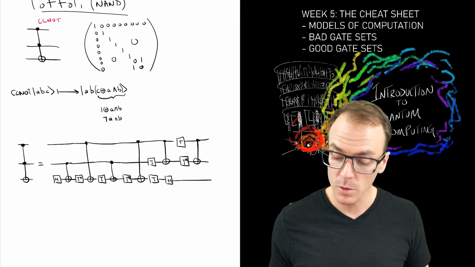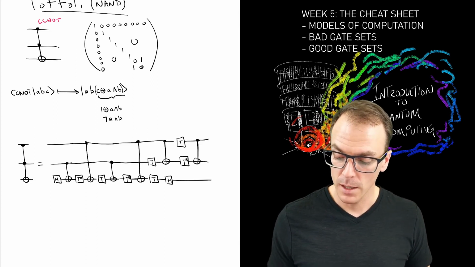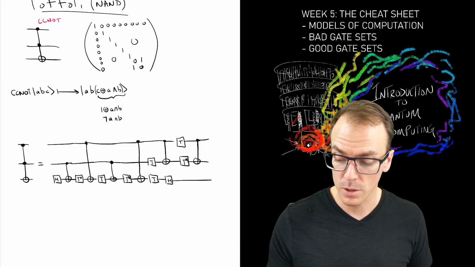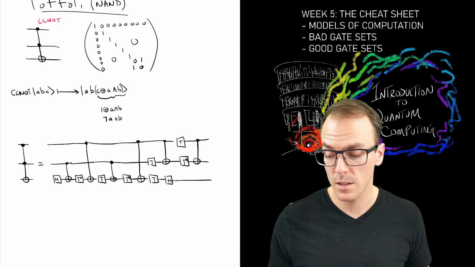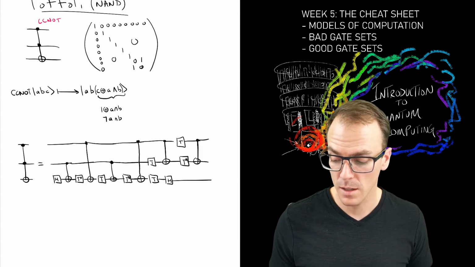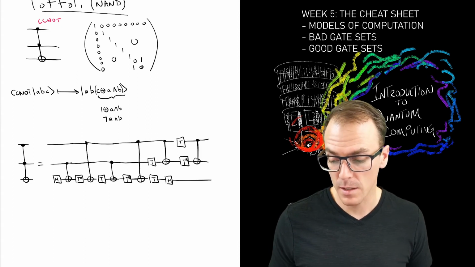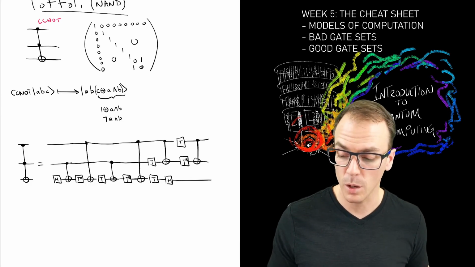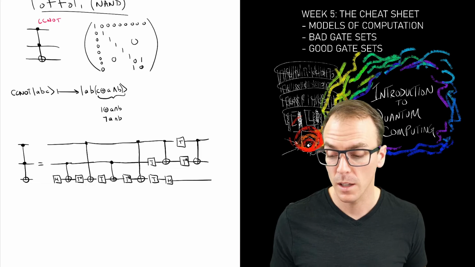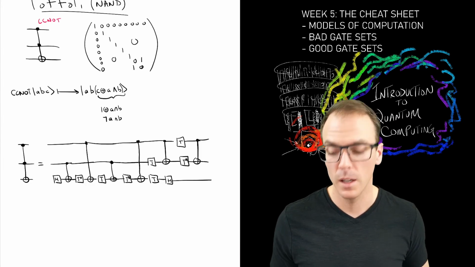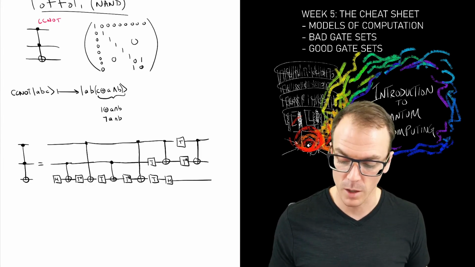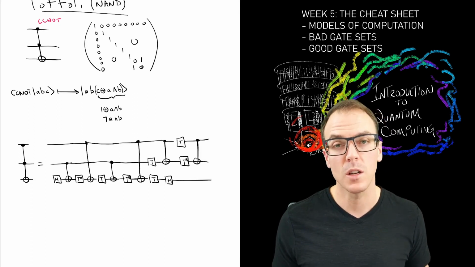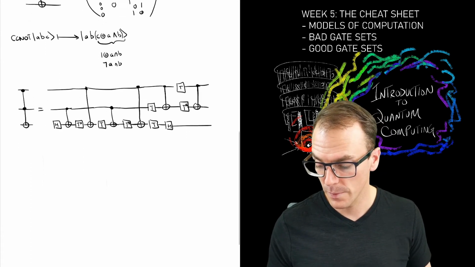Now, that's not a unique way to write it down, but it's interesting that the thing on the left, which just maps basis states to other basis states, now contains these T gates, which contain complex numbers. So above, no complex numbers at all appear in the Toffoli gate, but below, complex numbers crop up within the decomposition in 1 and 2 qubit gates.